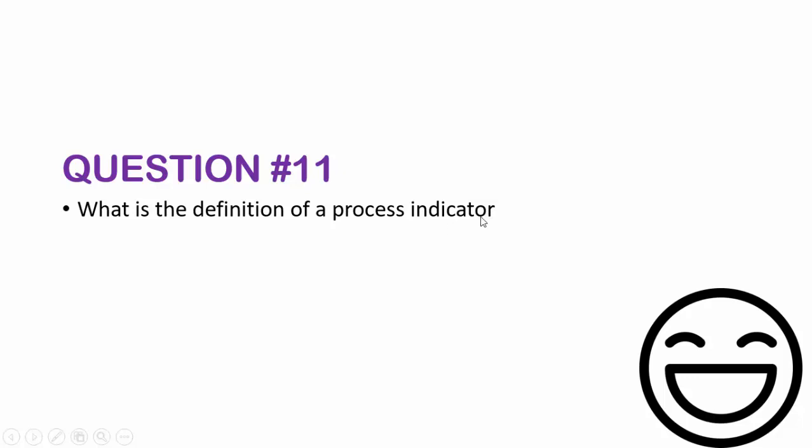An indicator is a variable that gives you the means to know whether change is actually happening. And what is a process? A process is simply that which has a number of activities leading up to a certain output.